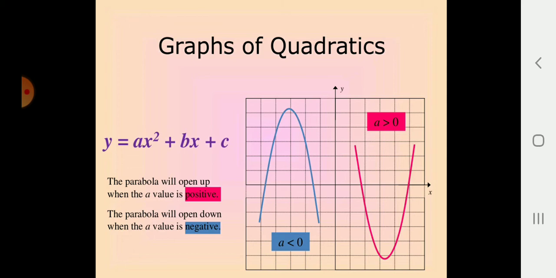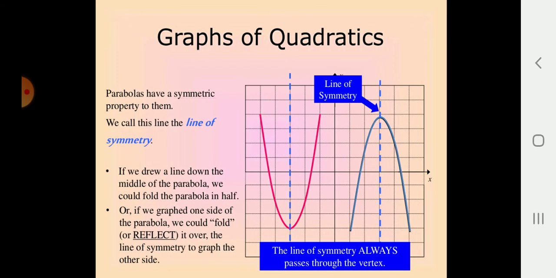The graph of quadratics, parabolas, has a symmetric property. We call this line the line of symmetry. If we drew a line down the middle of the parabola, we could fold the parabola in half.